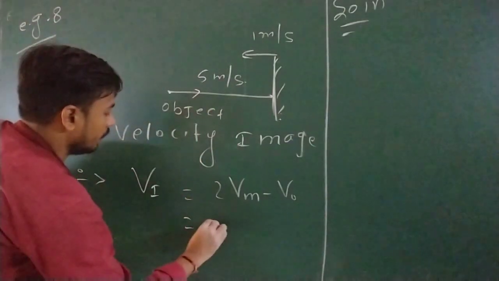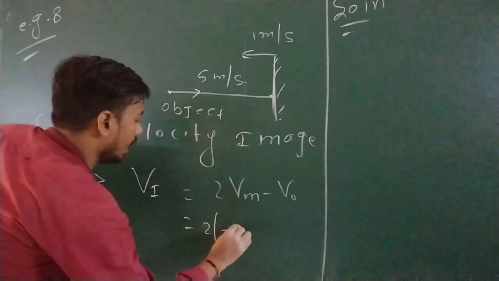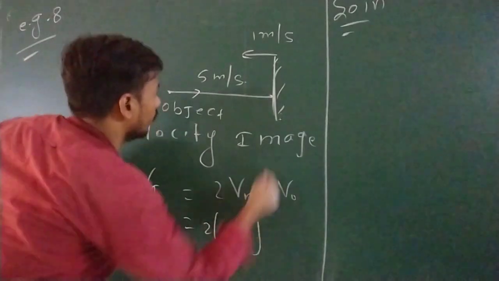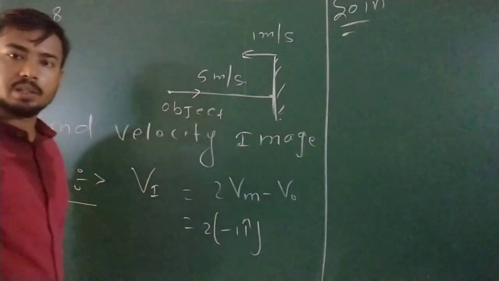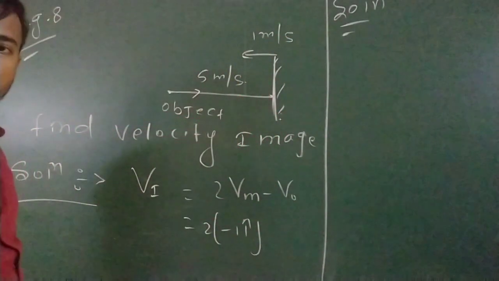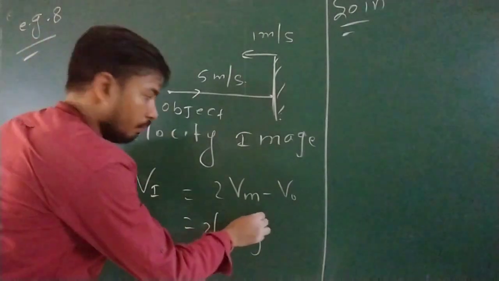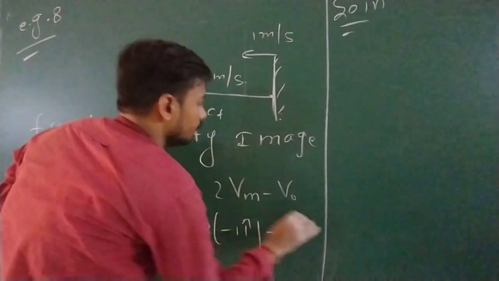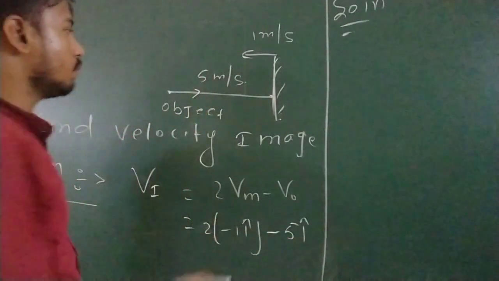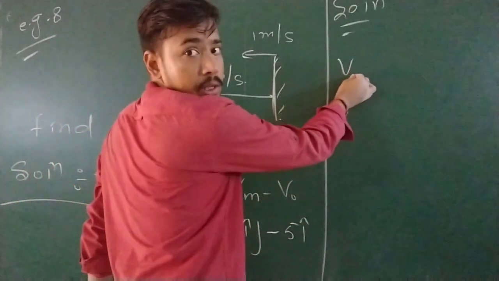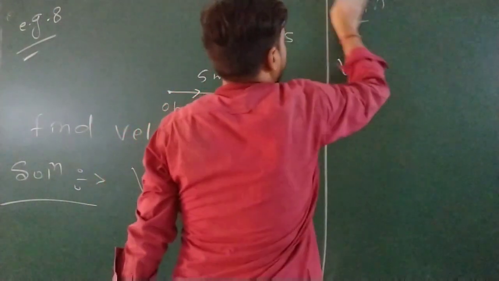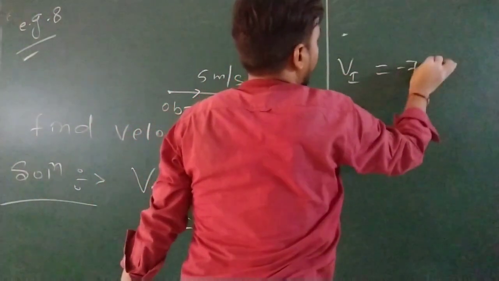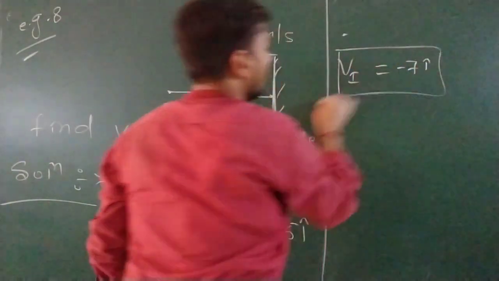Velocity of mirror is what? 2 into minus 1i cap, because it is going along the negative x direction, right? Minus velocity of object, 5i cap. Just solve this one. You will get velocity of image is equal to minus 7i cap.